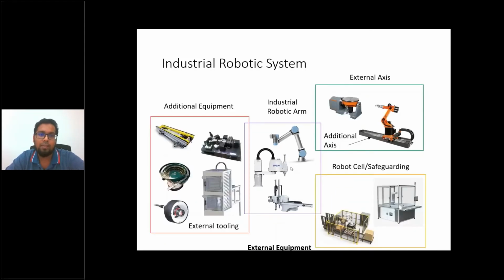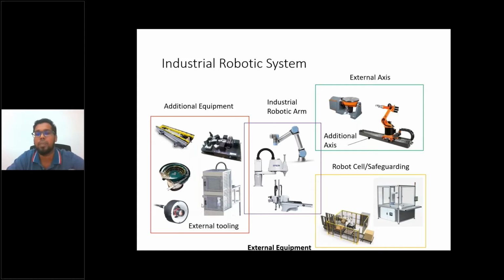We also have external equipment to support the process. Such as additional equipment like conveyors, jigs and fixtures, maybe a vibrating bowl, and stackers to handle trays in and out, and maybe some external tooling and also a camera to support from outside, where the robot brings the part to be checked by the camera.